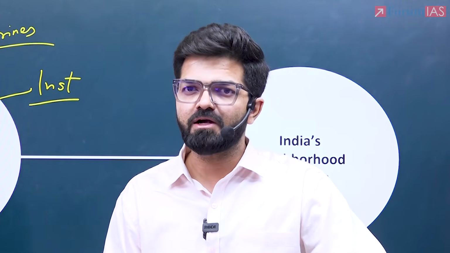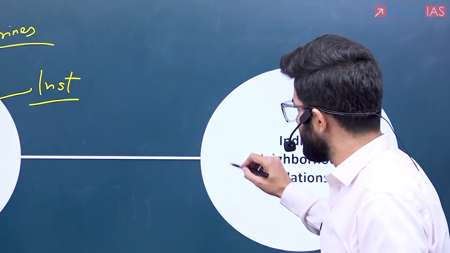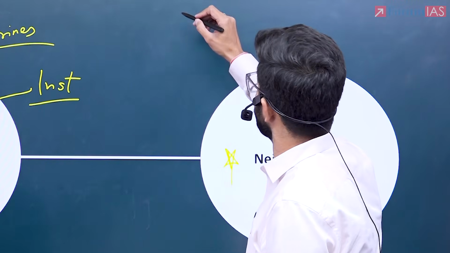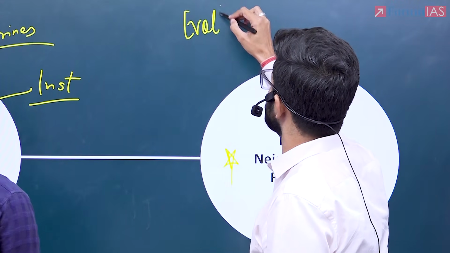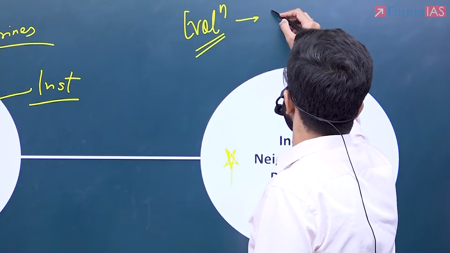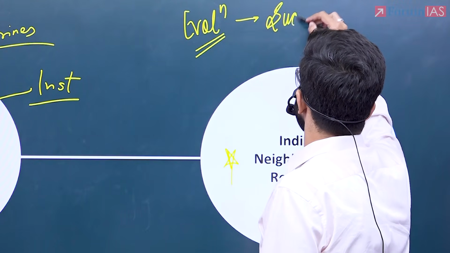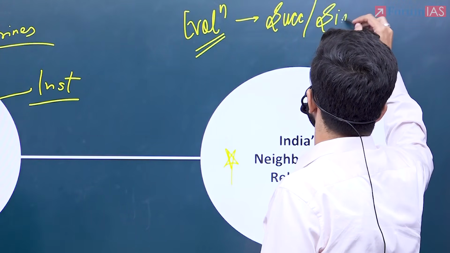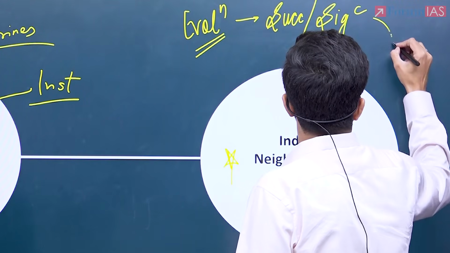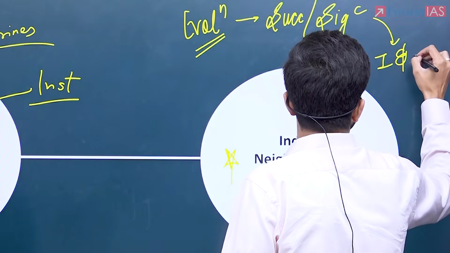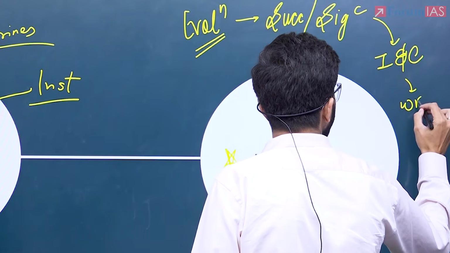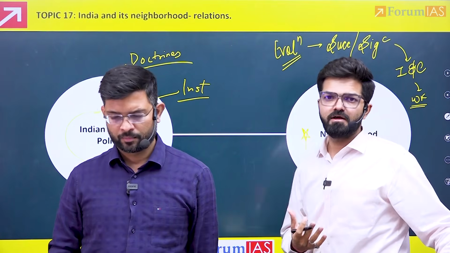But one way of covering neighbors is to cover certain pointers: what has been the evolution of relationship with these neighbors, what has been the major success or achievement, the significance of these neighbors, their geographical locations, etc. Then you can also talk about the emerging issues and challenges with the neighbors, and of course, a way forward. What can be done, what suggestions you have from your end.